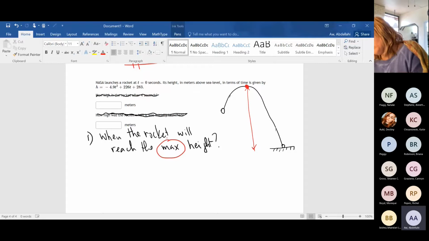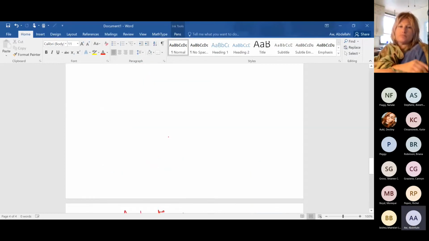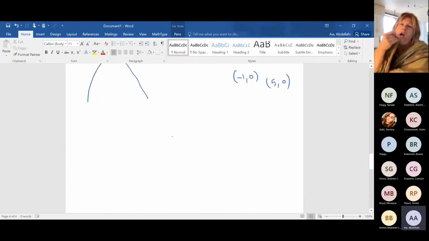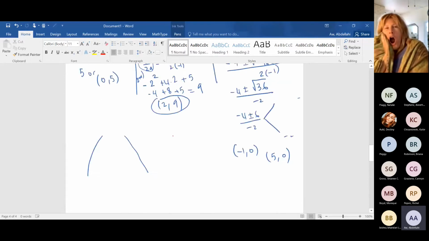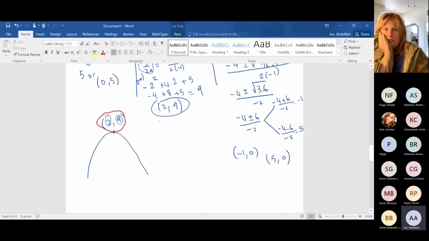Sometimes the answer will be the y coordinate of the vertex. If we come back to this one, I said, if the vertex is 2, 9, right? When I say, when do we have the maximum? What's going to be your answer, the 2 or the 9? The 2. Everybody agree with that?